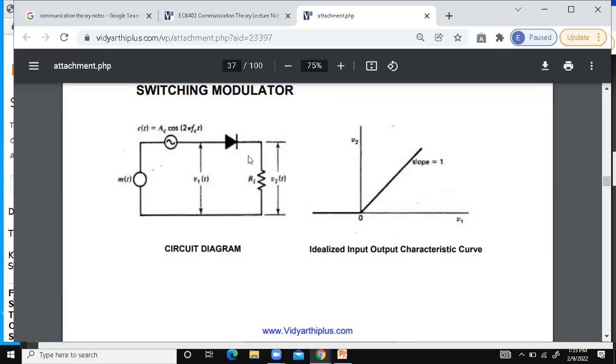Sir, it looks like alternating current, sir. So current just flows in one direction because the diode is there.